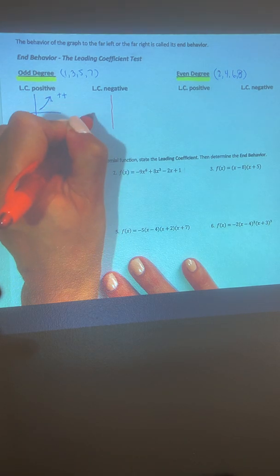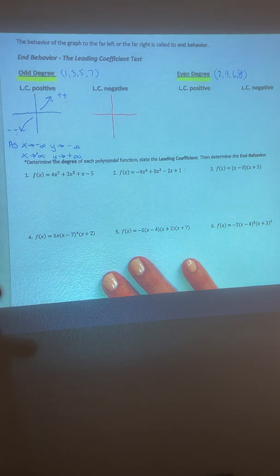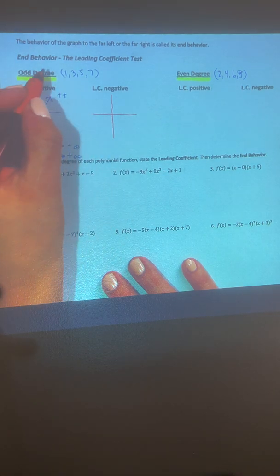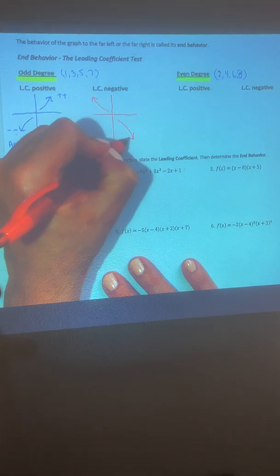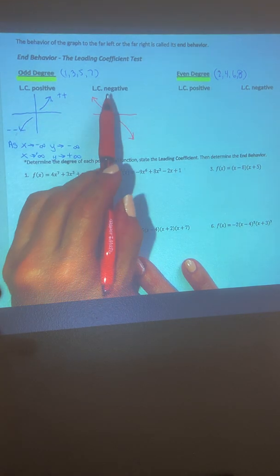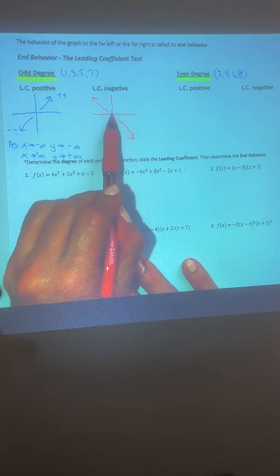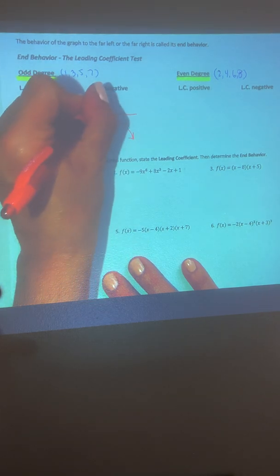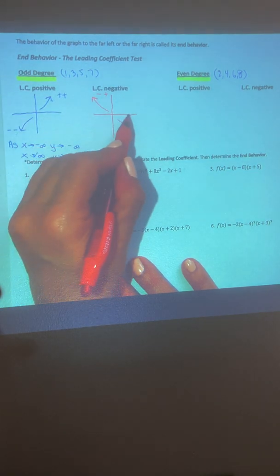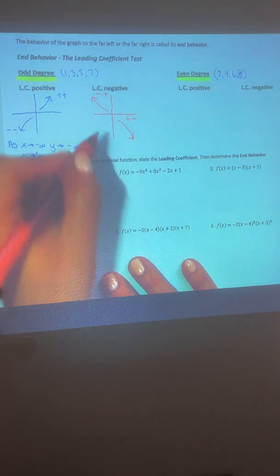Okay, when the leading coefficient is negative, odd, negative, it's going to go this way and this way. Okay, now, what is this quadrant? This is a negative and a positive, and this is a positive and a negative. Okay, so we start on the left side.